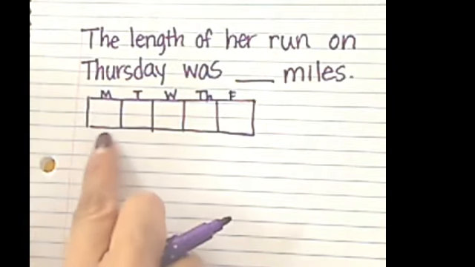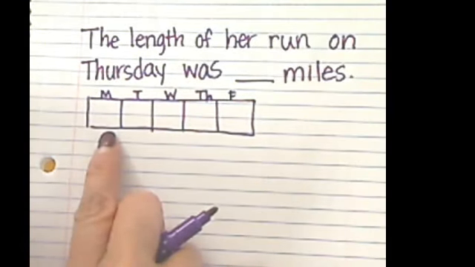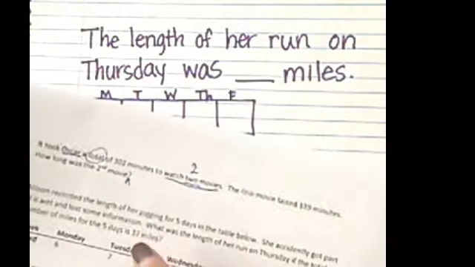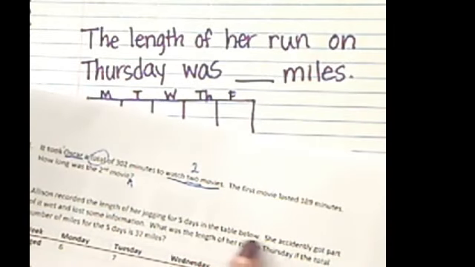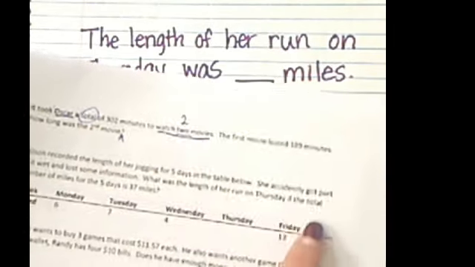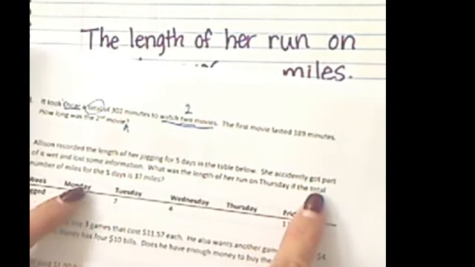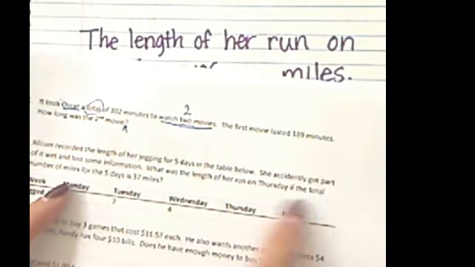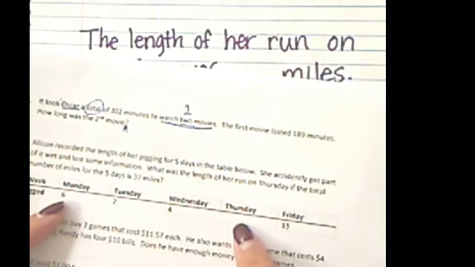Anytime you have a total, where is it? Here it is. It says the total number of miles. So you know you've got a whole bunch of things put together, and it's going to give you a combined number. Sometimes you're going to find the combined number.